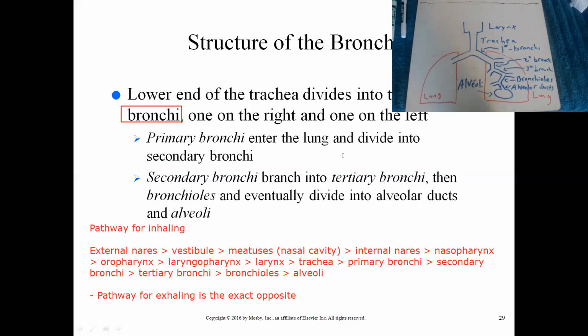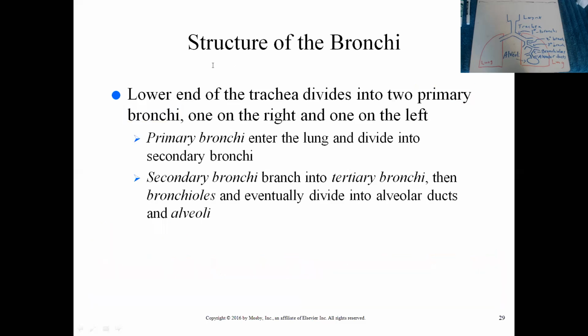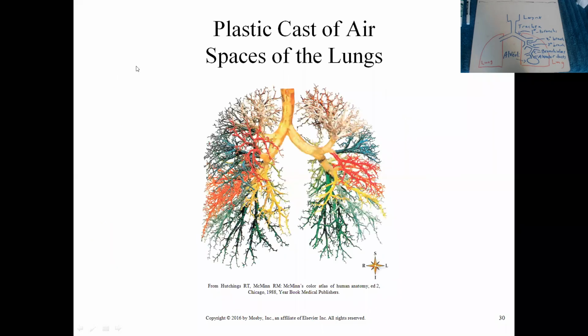If we look at this bronchial tree a bit more realistically, here's a real bronchial tree. It's a cast made from injecting a bronchial tree with liquid plastic, letting it set, and then dissolving off the lung.